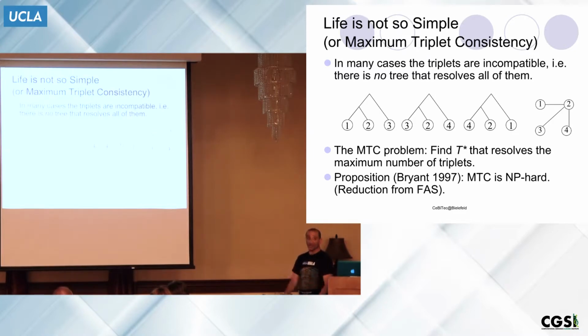If and only if your input is incompatible, I wouldn't say even triplet, because they can be bigger than triplets, you will end up here. And the MTC problem: find a tree T star that resolves the maximum number of triplets.